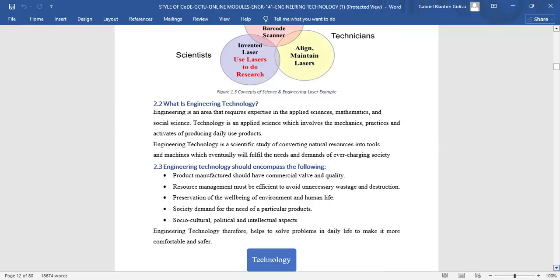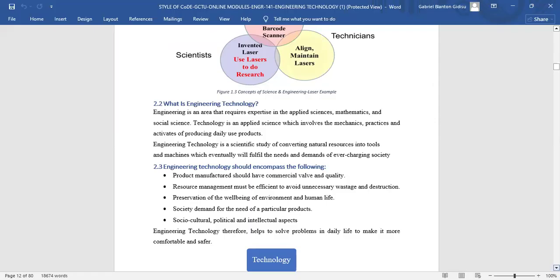What is engineering technology? Engineering is an area that requires expertise in the applied science, mathematics, and social science. Technology is an applied science which involves the mechanics, practices, and activities of producing daily use products.